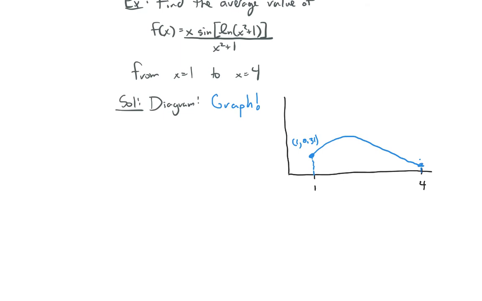This is about 0.08, something like that. Actually 0.07. And finally, let's put in that maximum. It's at 1.605 and about 0.43. So that's what this function looks like.